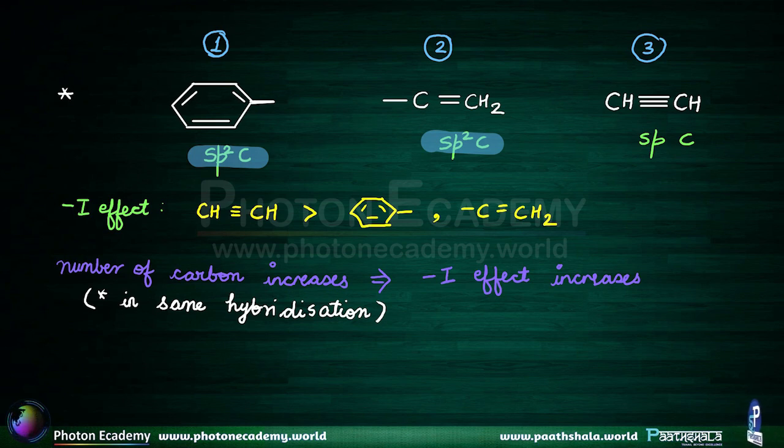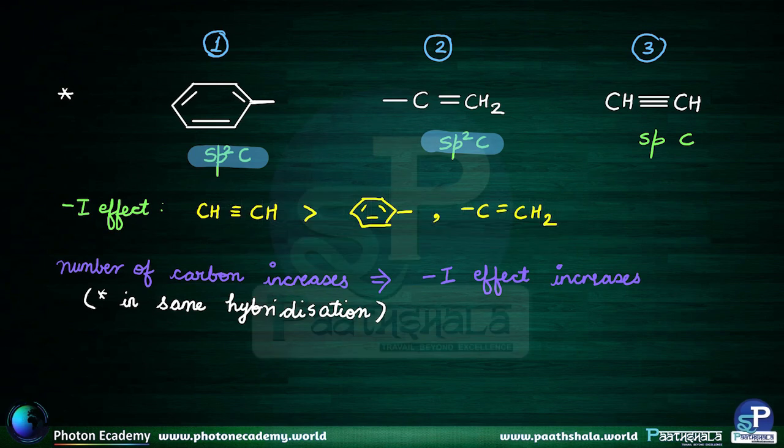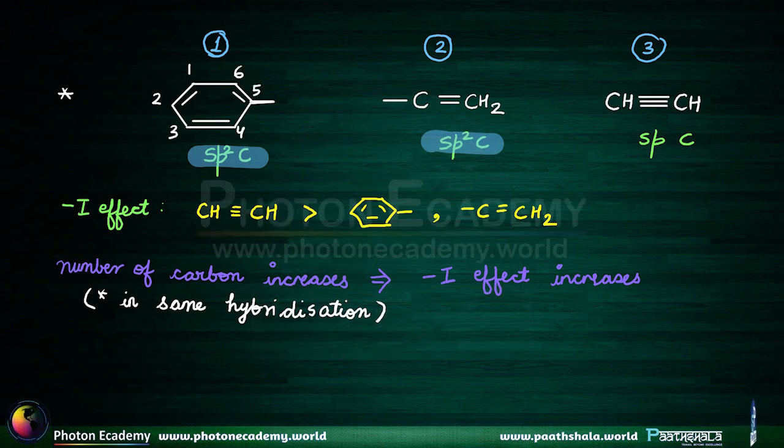So what we do is that we see the number of carbon which has the higher number. So in this one, that is the first one, we can count that there are 1, 2, 3, 4, 5, and 6 carbon. And in our second case, there are 1 and only 2 carbons.